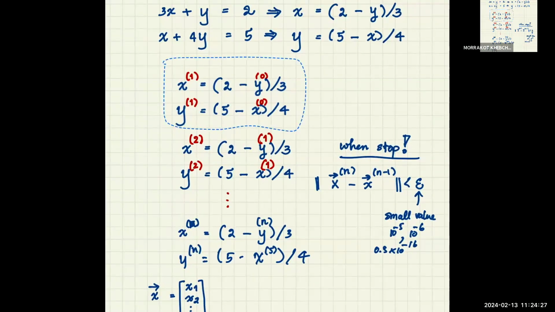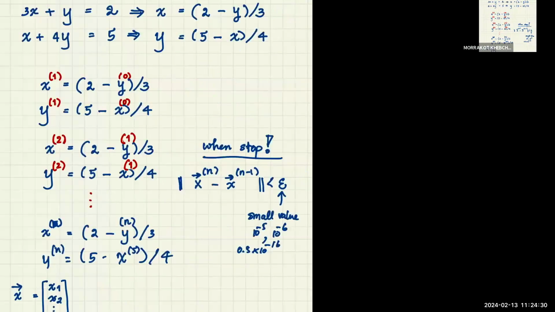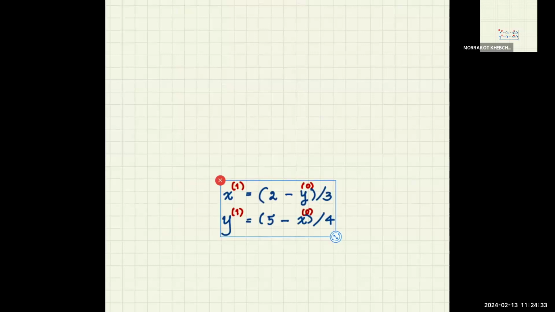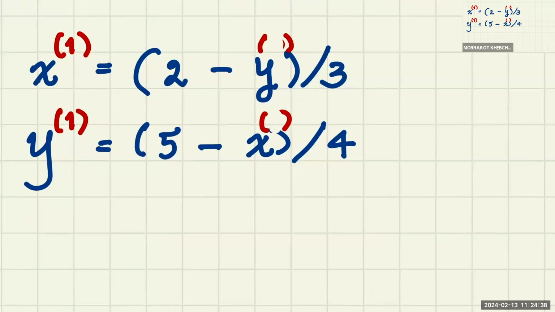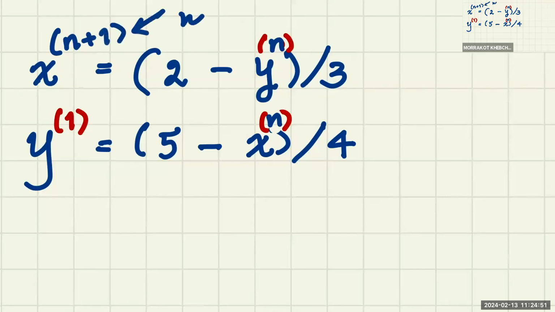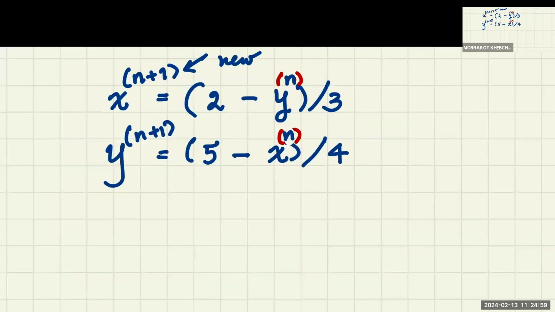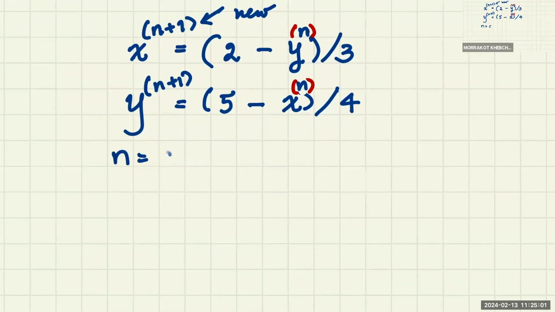So I will write this down mathematically. Let's see. I use the iterative method here. If I plug in the input x_n, I will get x_{n+1}, the new one, right? Plug in, okay? And n starts from 0, 1, 2, 3, and so on.